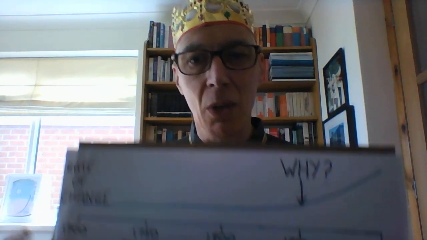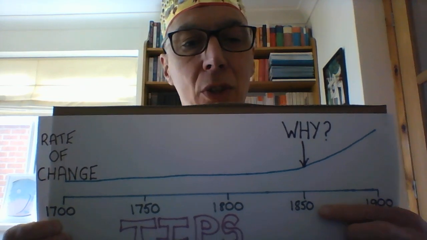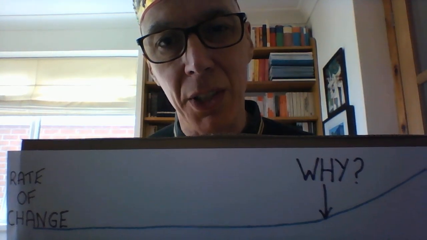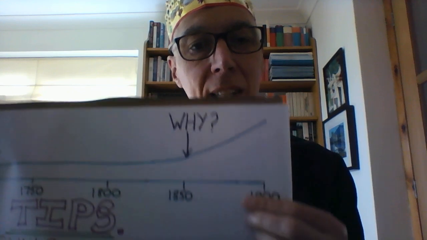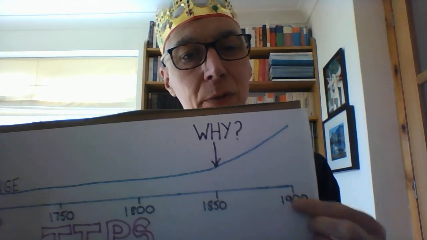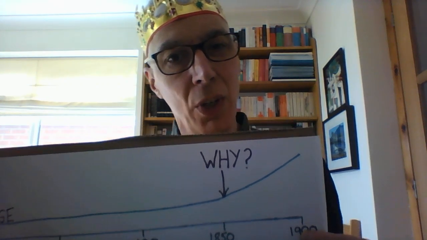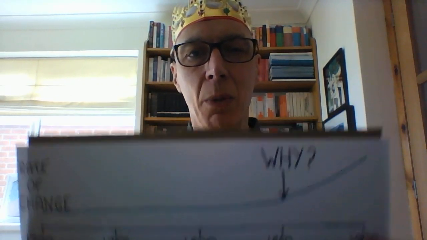So this video, I will look at the 150 years, 1700 to 1850, what was happening in the armies in the industrial period. And then part 2, the next video, I will look at the change, the 50 years, 1850 to 1900, looking at the change in the armies. So that's the setup for these next two videos.